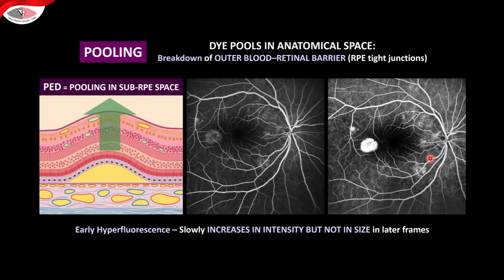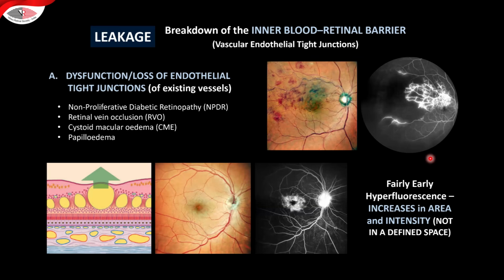And here, what you're seeing is again a pigment epithelial detachment, which is of course not increasing in size and is maintaining the breakdown of the outer retinal barrier, which is the tight RPE space, which is there.